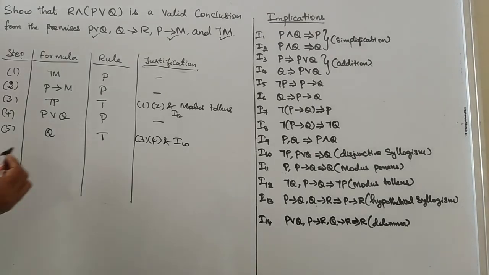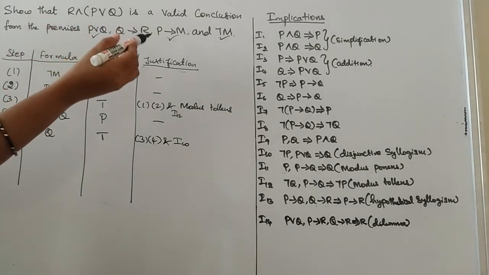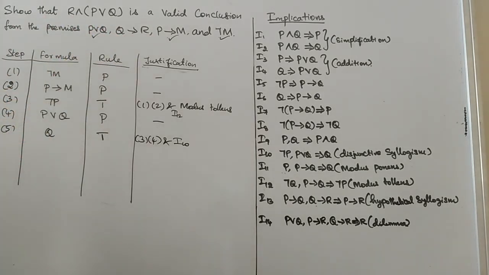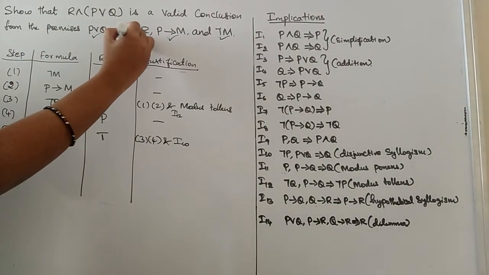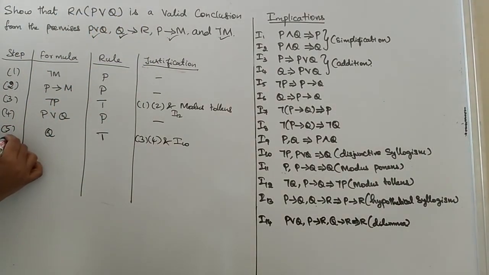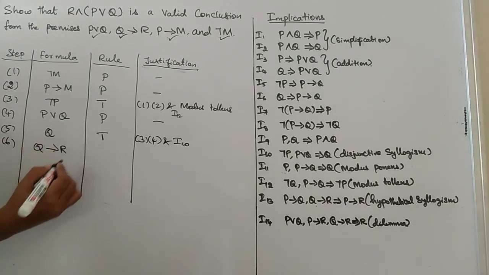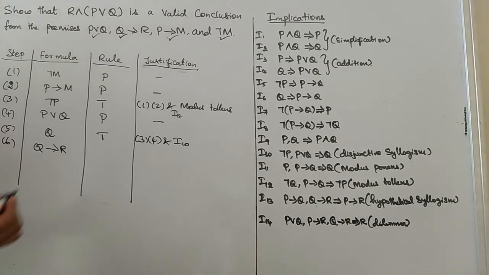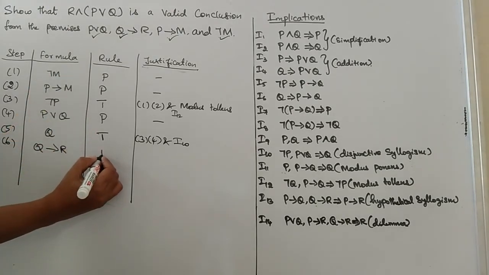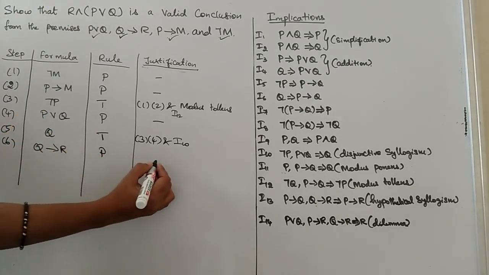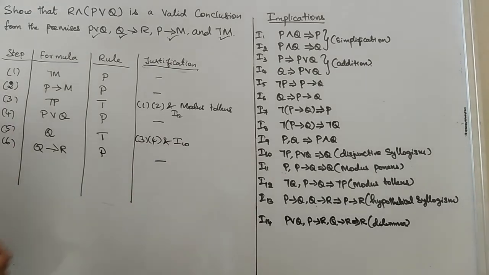Then I have to trace, among the premises I have, the formula Q. Here I have one more premise I can introduce: Q conditional R, that is, if Q then R. It is based on rule P only, so I have written it here.